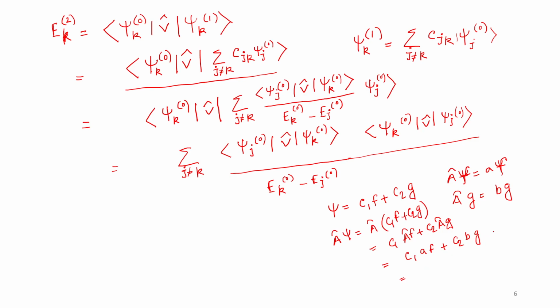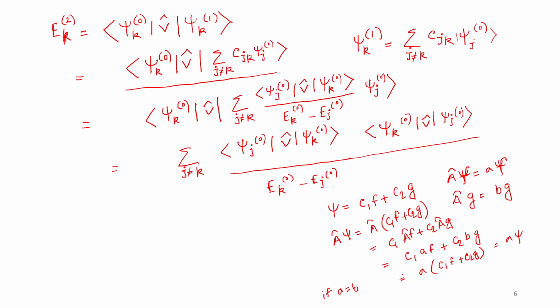If A is equal to B, then we could have taken A common, and C1F plus C2G would give A psi, right? It would have been a case like this. Then psi would have been an eigenfunction of A.